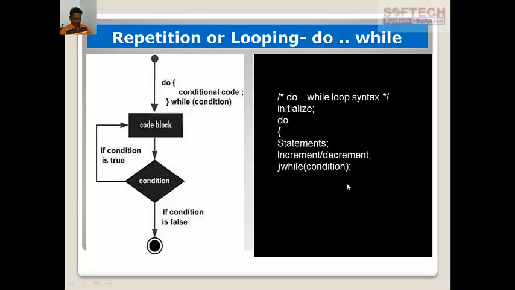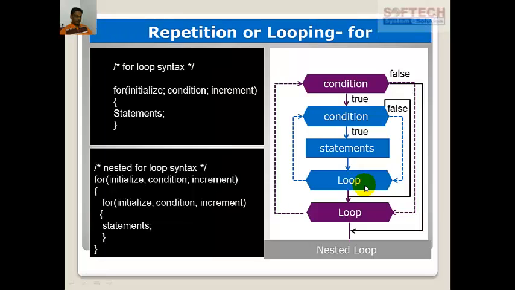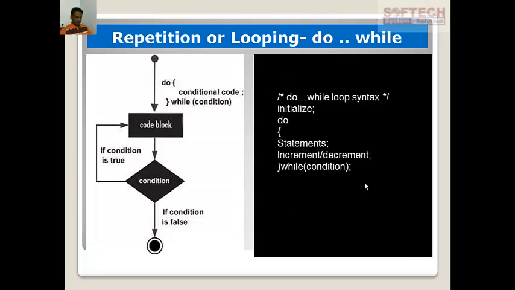So in do while, first it executes, then it checks the condition. The first time it is allowed, and from the second, third, and fourth times it checks the condition.